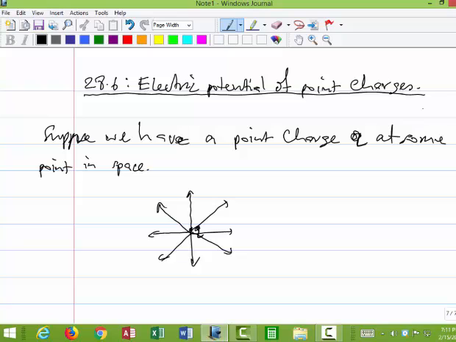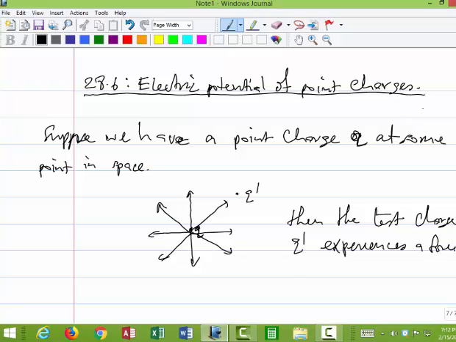If we place a test charge at some point here, let's call this test charge Q prime, then the test charge Q prime experiences a force F, which is equal to the charge Q prime times the electric field E, where E is the field due to the source charge Q.